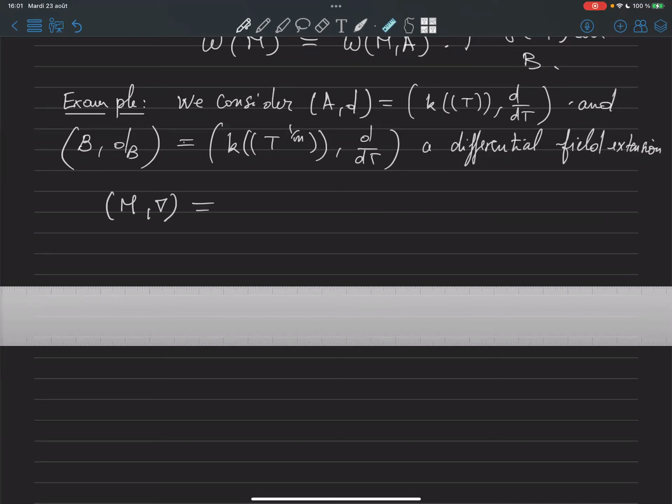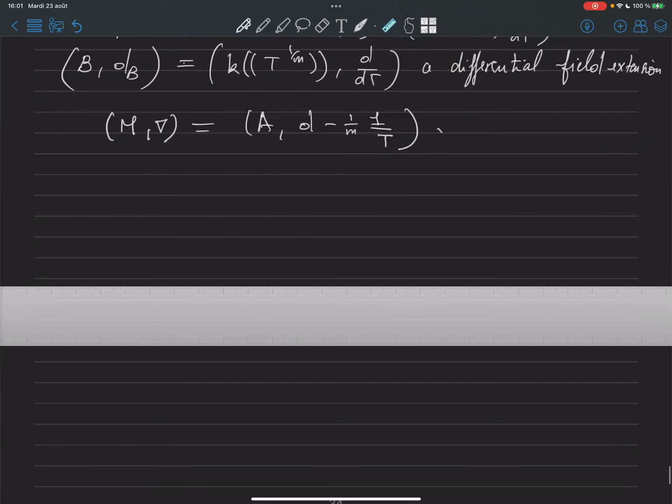And consider the differential module, this one, d minus. It seems that it's easy to solve, but if we look for the solution only in A, then there's no non-zero solution. It's reduced to 0.